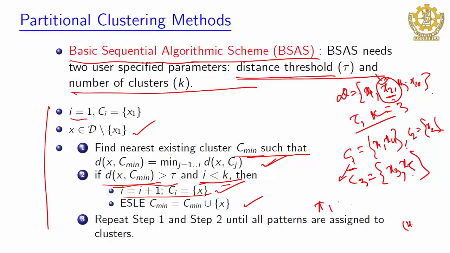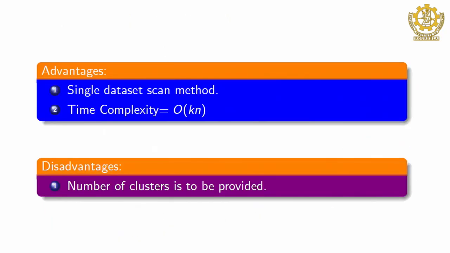So, finally, you will get a clustering like, let us say, C1, C2, C3. What is the advantage? The advantage is that it is a single data set scan. Each point you take, you directly assign to one of the clusters, and you are not looking at that point again. This is a very fast approach, as the time complexity is linear, since the number of clusters is generally much less than the number of points.